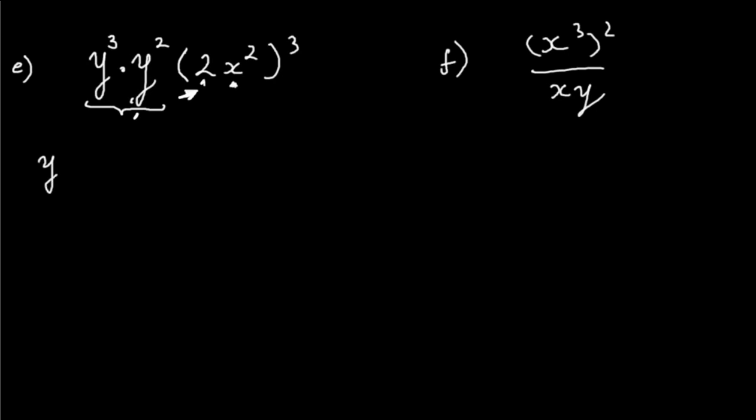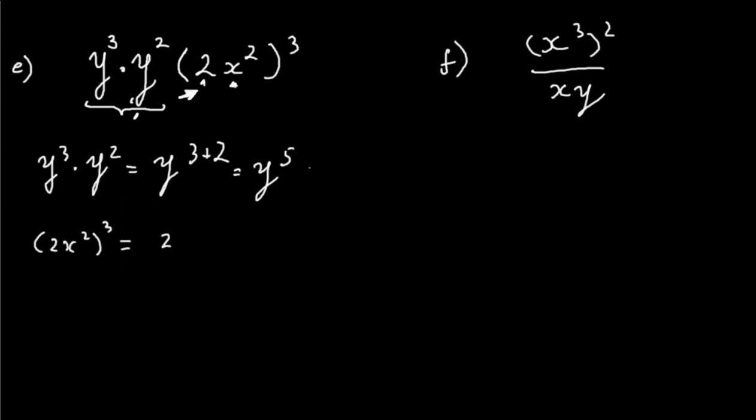So we have y cubed times y squared, and then we'll use our first index law, which will give us y to the 3 plus 2, which is y to the 5. And then dealing with our next term here, we have 2x squared, and then we're raising that to the power of 3, which gives us really 2x squared times 2x squared times 2x squared. And we can further simplify that. We have 2 times 2 times 2, which is 2 cubed.